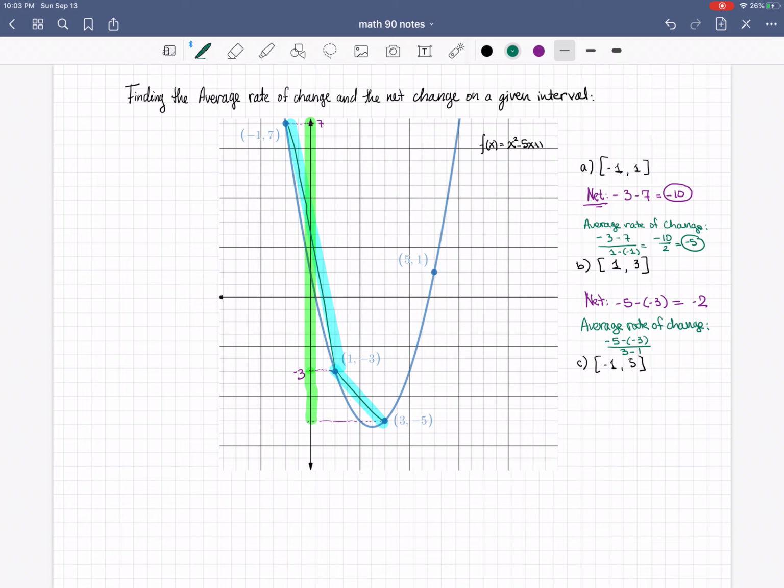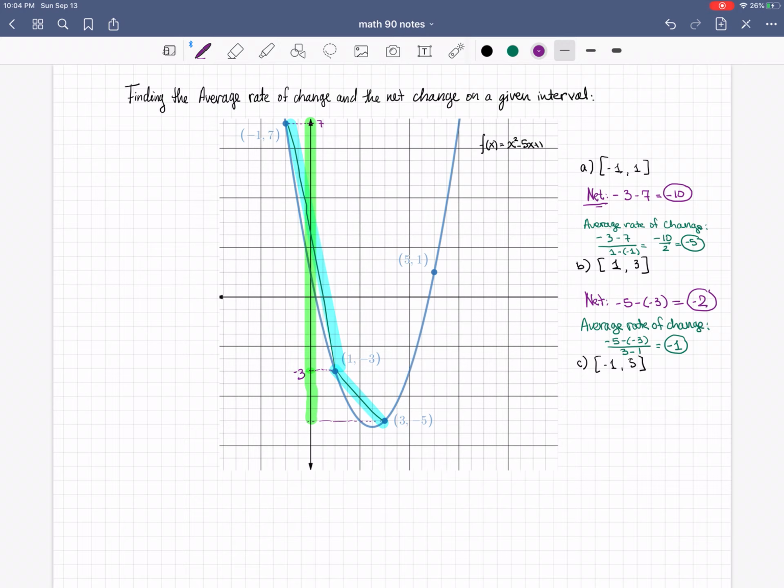But y is only falling by 2 units. So it's a significantly slower rate of decline, right? Whereas in the first example, we were going down on average 5 vertical steps per horizontal step. Here we're only going down 1 by 1, okay?